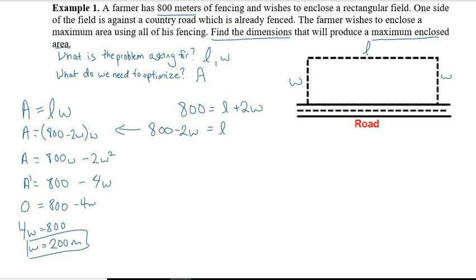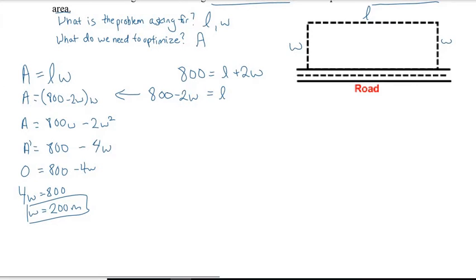We also know, just by looking at our original formula, that it's going to be a parabola that faces down because we have a negative a value. So we know that the local maximum in the middle is going to be the absolute maximum as well. If we didn't, we'd have to test the endpoints. But for this one, we know that the width is going to be our maximum.